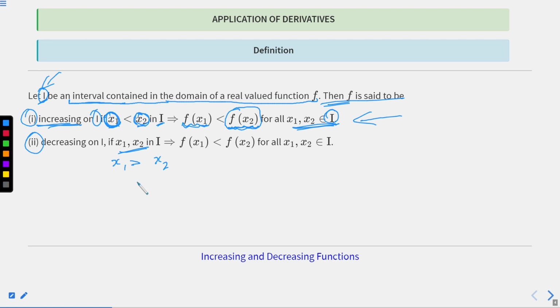As the function is decreasing, this is what it looks like. Let me, okay.